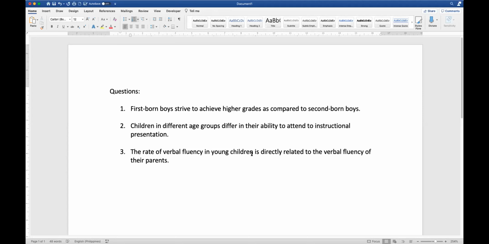Rate of verbal fluency dun sa parents. Okay.